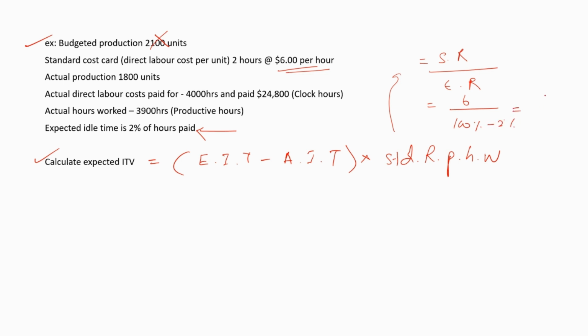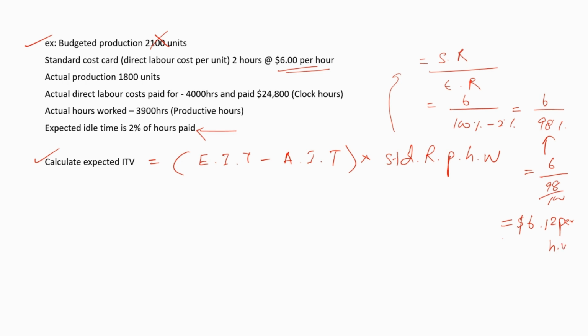So this is equal to 6 divided by 98%. Remember that we need to convert this percentage value into a decimal in order to calculate the standard rate per hour worked. So 6 divided by 98 divided by 100. This is how we can convert the percentage value into a decimal value. So this is equal to $6.12 per hour worked.